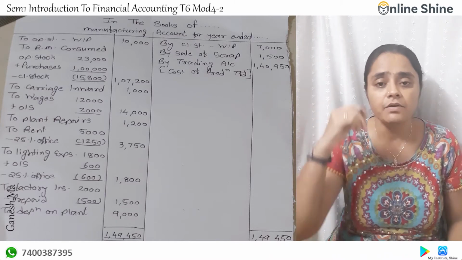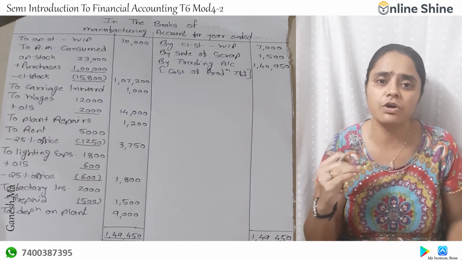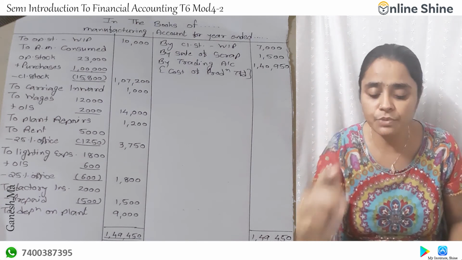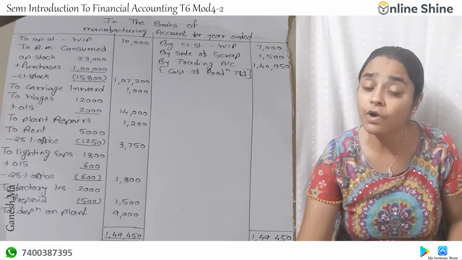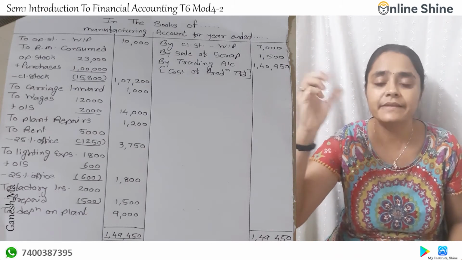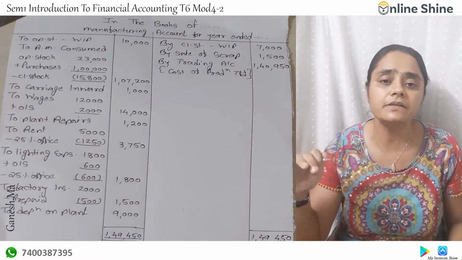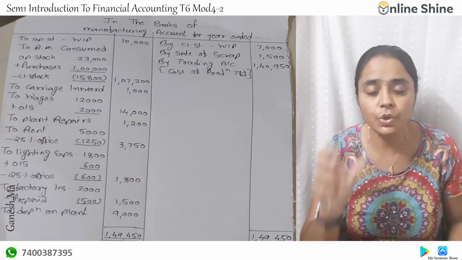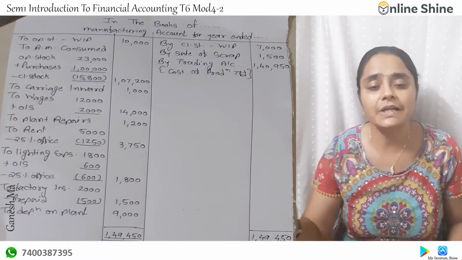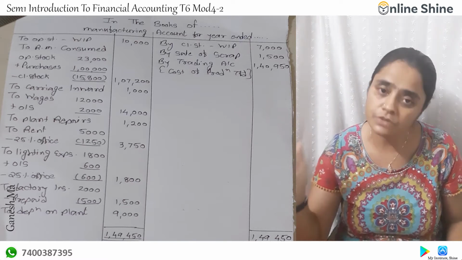So from opening, add purchase of raw material, minus closing stock of raw material, raw material consumed figure is coming as 1,07,200. So what I have done: opening stock of raw material, then the raw material which I have purchased, from that I deducted the closing stock of raw material, and the final balance is known as raw material consumed, which will come in my manufacturing account as 1,07,200.